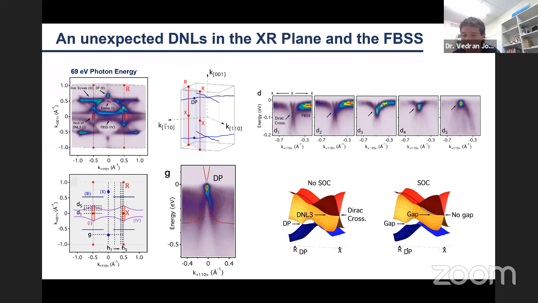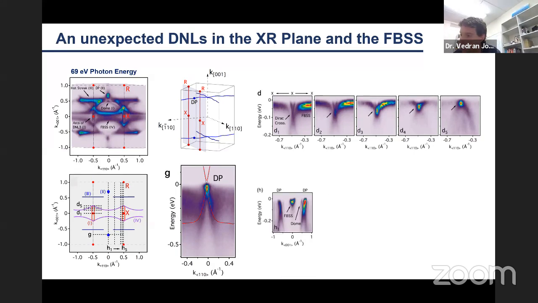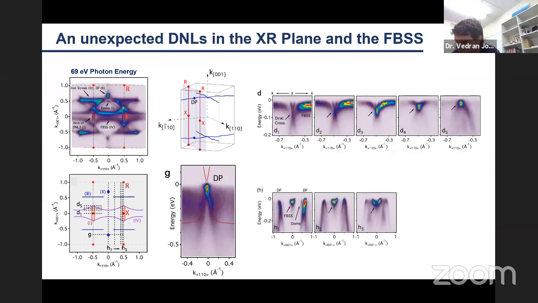And finally, we take some brief cuts along the other direction, along 110 at representative momenta. Next to this onion dome, we observe this continuous evolution of the Dirac states at the Dirac point towards a band with a hole-like parabolic band maximum at these hotspot features.